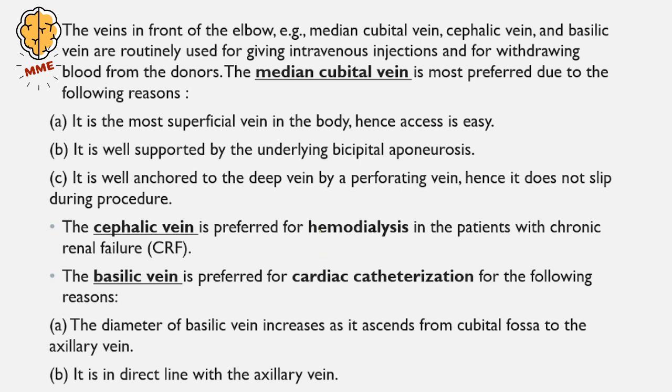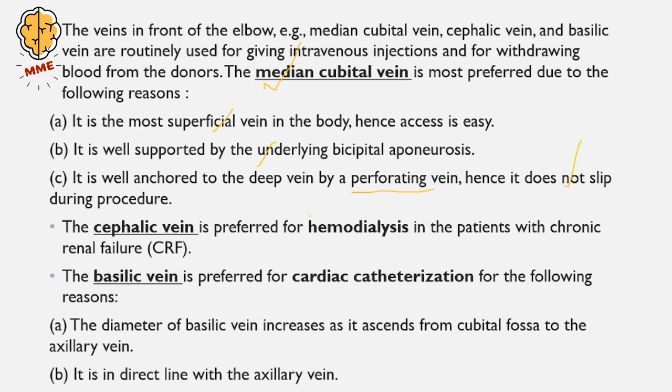So the veins in the front of the elbow, especially the median cubital vein, are the most preferred site for intravenous injections, for drawing out blood, for anything. Okay, why? Because it is the most superficial vein of the body and hence access is easy. It is well supported by the underlying bicipital aponeurosis. It is well anchored to the deep veins via a perforating vein, and hence it does not slip during the procedure. Okay, this point is important.